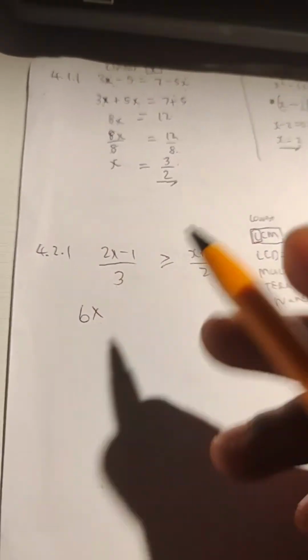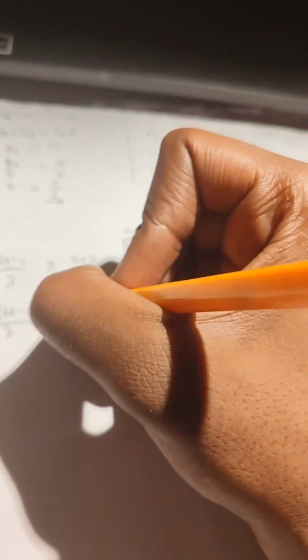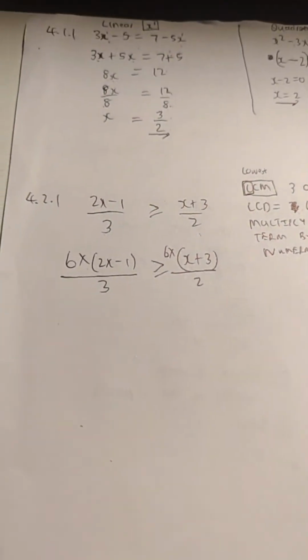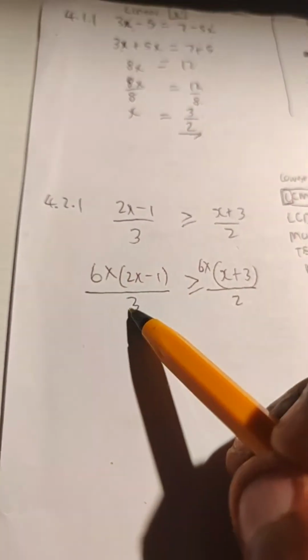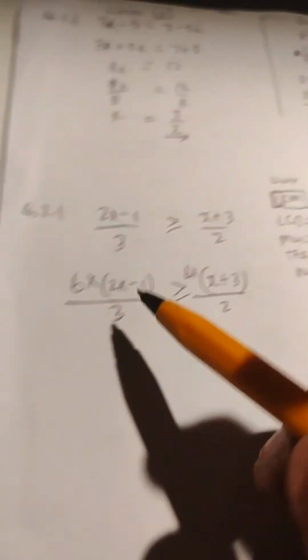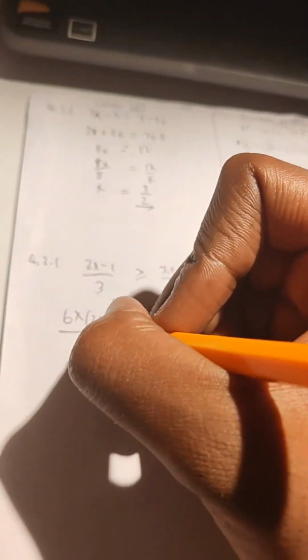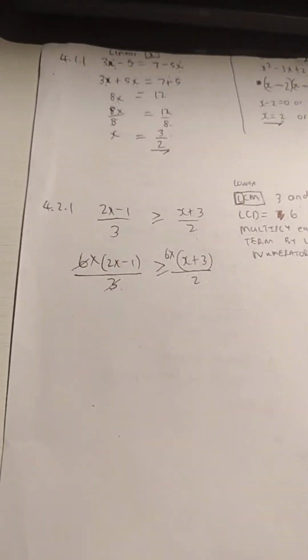So you're going to say 6 times the 2x minus 1 over 3 greater than or equal to 6 times. Okay. So there is something that then can be done with the 6 and the 3. The 3 and the 6 can be cancelled.